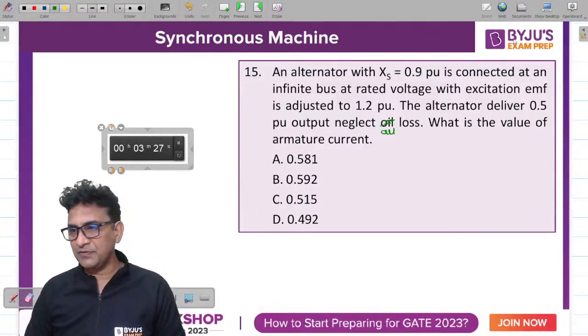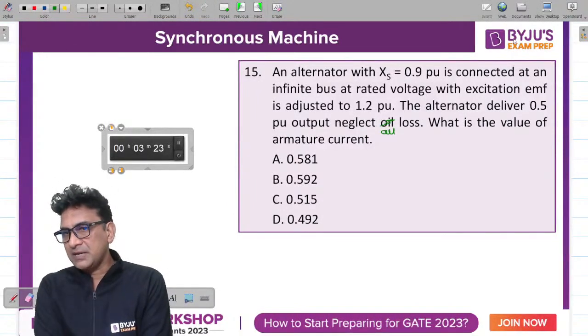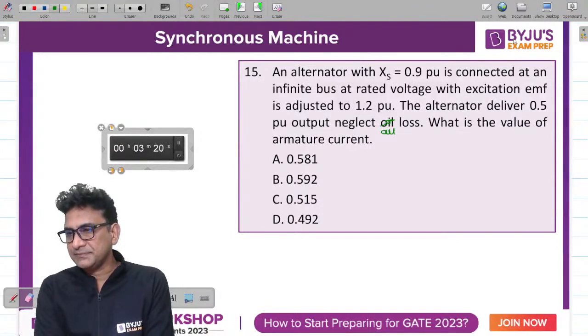Find out the value of Ia, the magnitude of armature current.